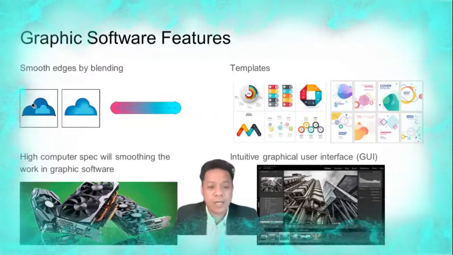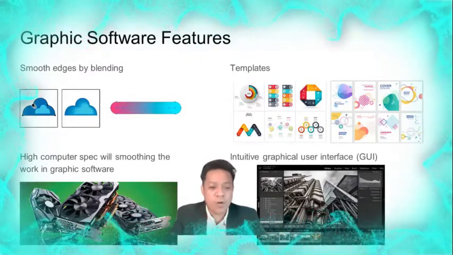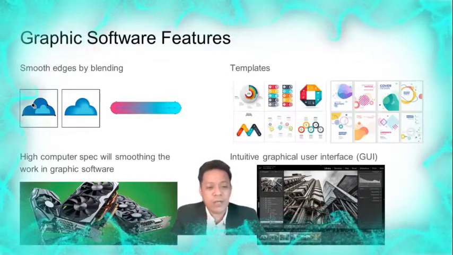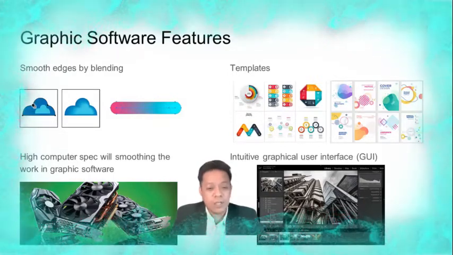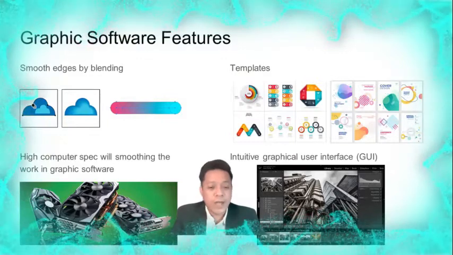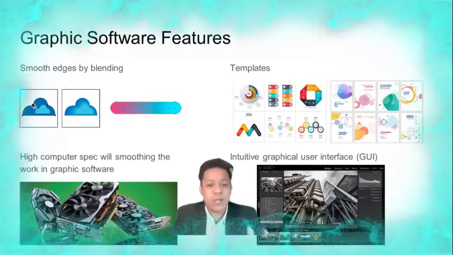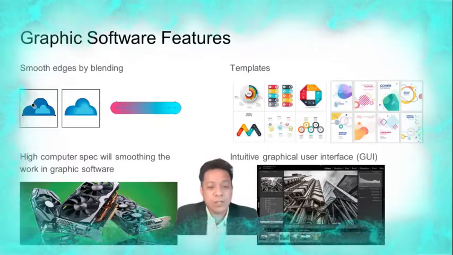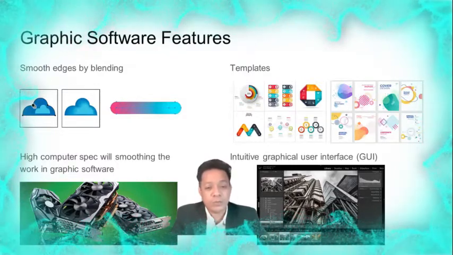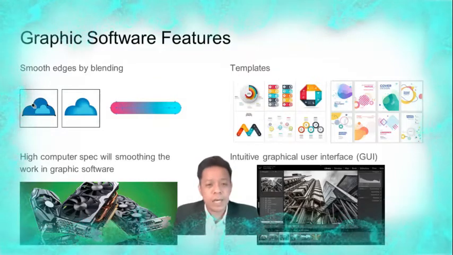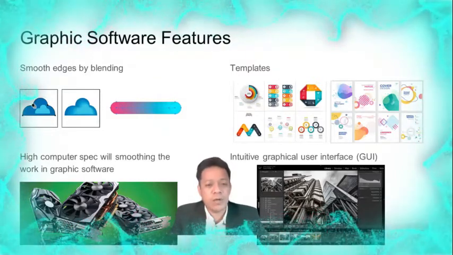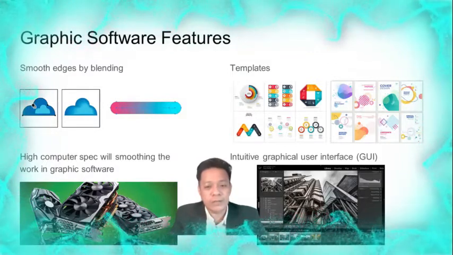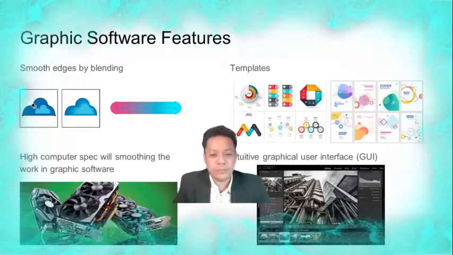Some features require specific hardware, like the processing machine, the CPU, the RAM, and capacity as well, and also an OS, operating system, like Apple or Microsoft Windows. So that's the thing that you need to understand before you want to develop a good and high quality graphic.